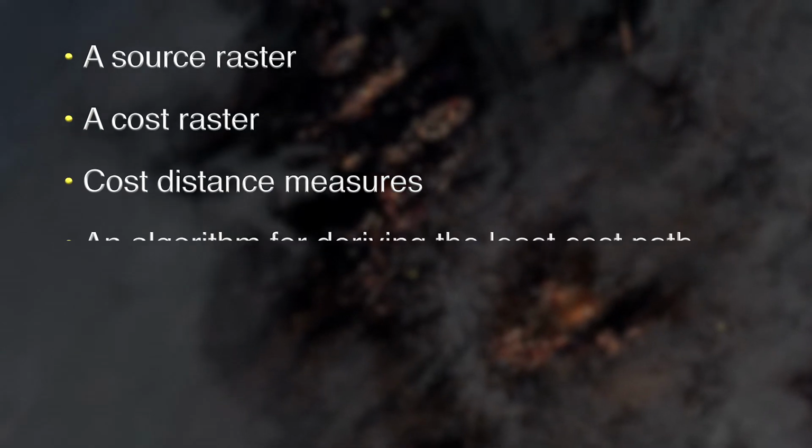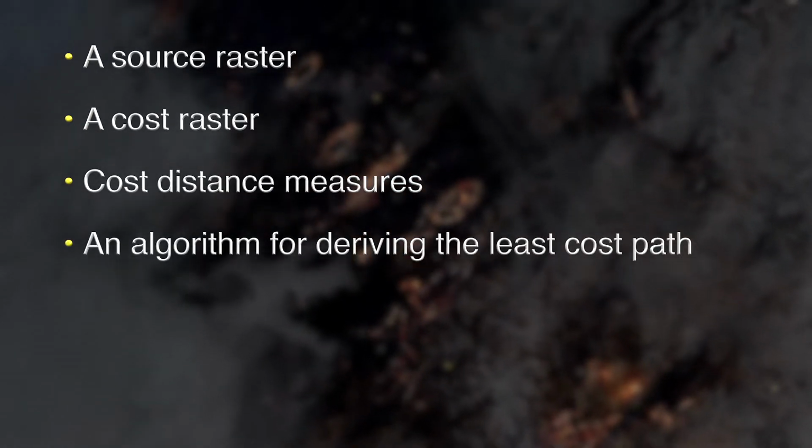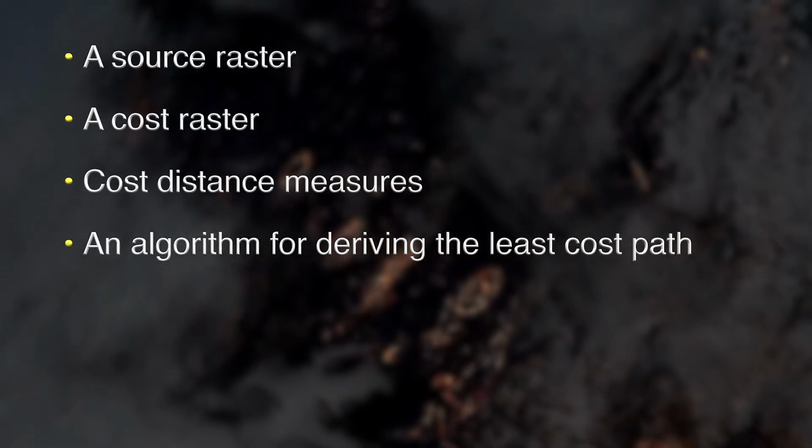Prior to conducting a least cost path analysis, there are some requirements that all users must have and understand. These are a source raster, a cost raster, a cost distance measure and an algorithm for deriving the least cost path.